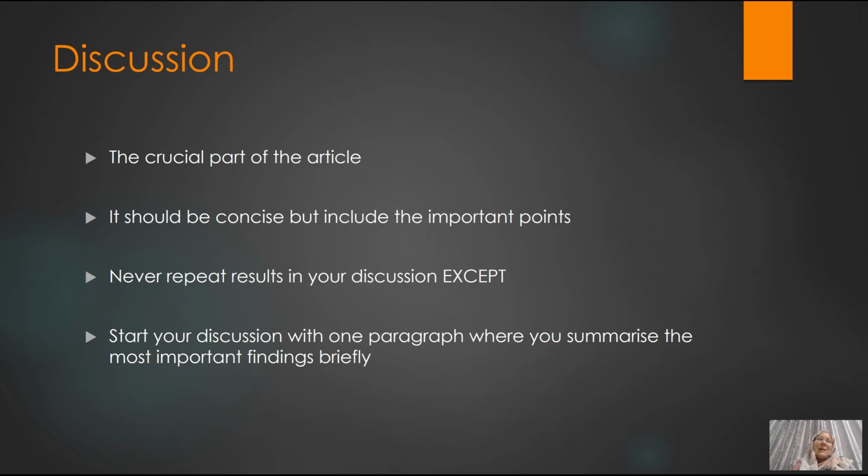So only in one paragraph you summarize these findings within 3-4 sentences, and after this you should not repeat your results, because here you want to discuss the results and not repeat the results.